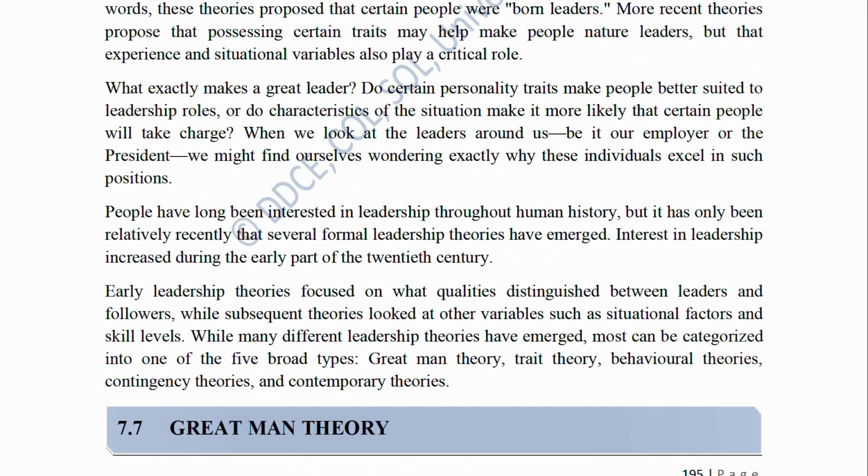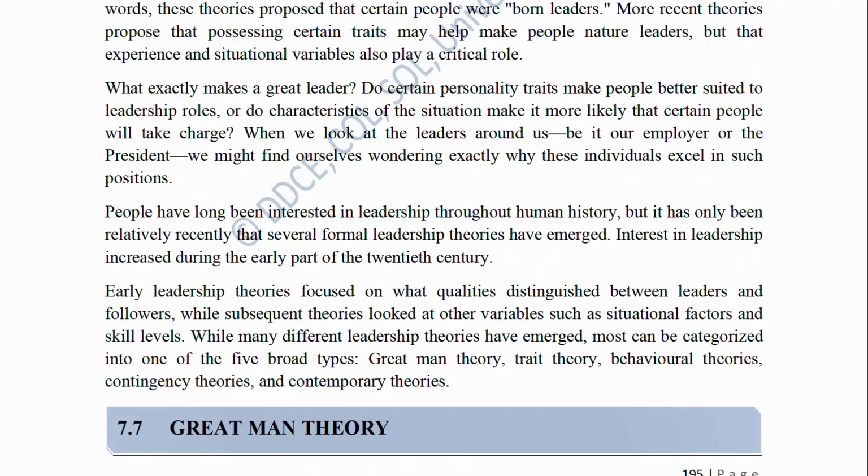People have long been interested in leadership throughout human history, but it has only been relatively recently that several formal leadership theories have emerged. Interest in leadership increased during the early part of the 20th century.